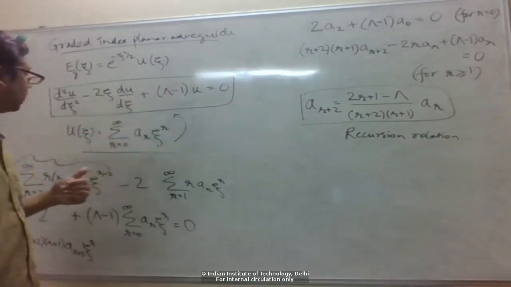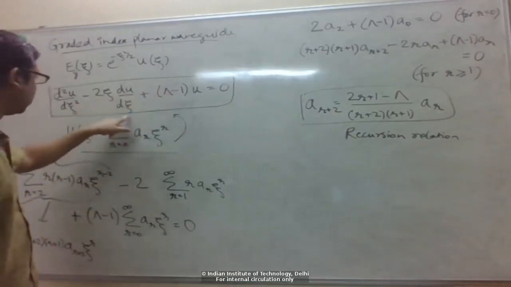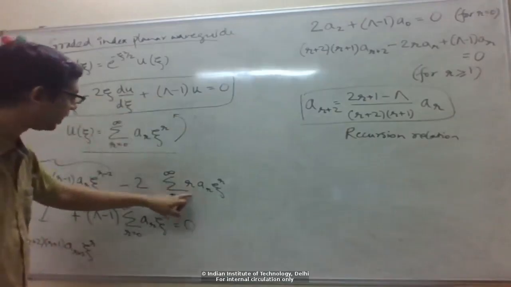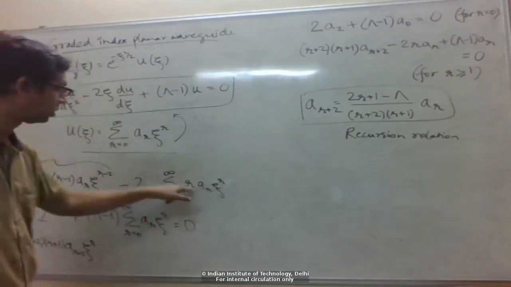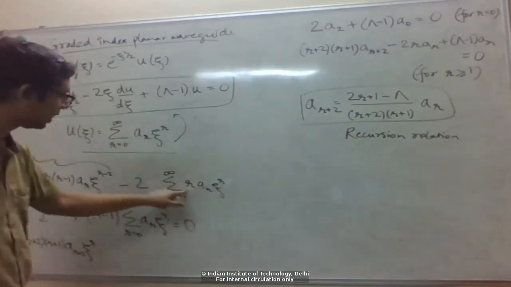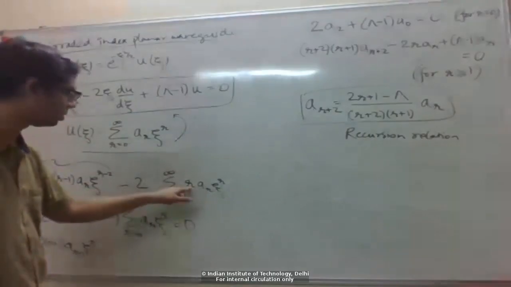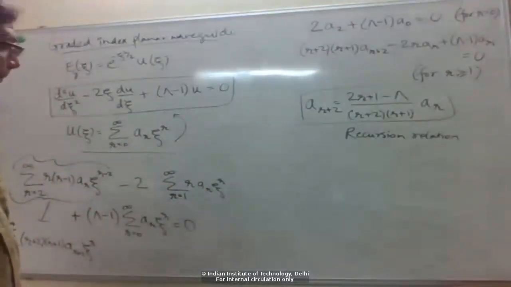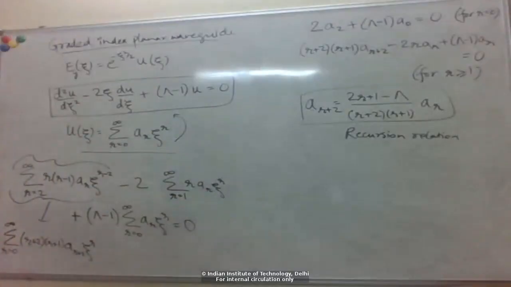Since you have an r here, you can see that r equal to 0 is anyway 0. You can write it as from 0, it doesn't matter because you have an r here, so anyway that term is 0. Okay. I don't know if that's your question. Yes. Okay. Got it.